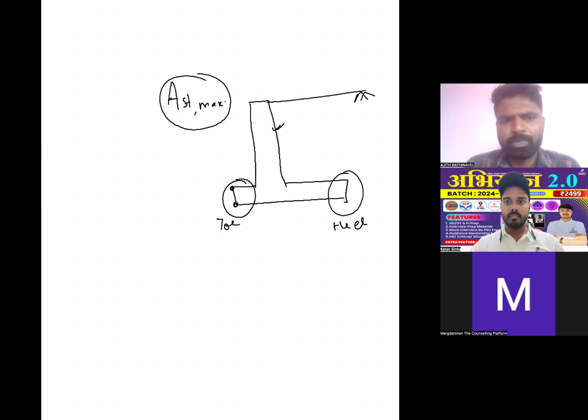Sir, we can check the stability against shear in the stem section, at a small depth from the base, at a distance of d from the base of the base slab. This is the base and this is the stem, right? Yes, sir.